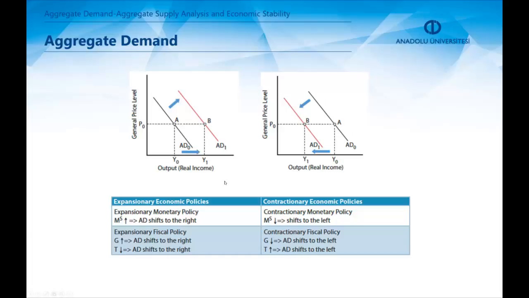For example, an increase in aggregate demand or aggregate expenditures means that the AD curve shifts to the right, or a decrease in aggregate expenditures or aggregate demand means that the AD curve shifts to the left. You can find in detail in your textbook the effects of expansionary and contractionary economic policies. These policies cause the shifts in the AD curve.